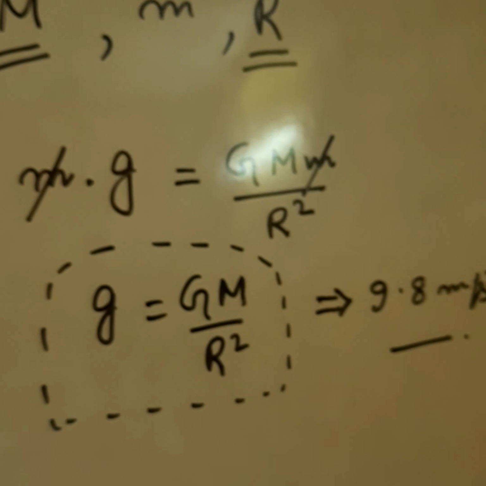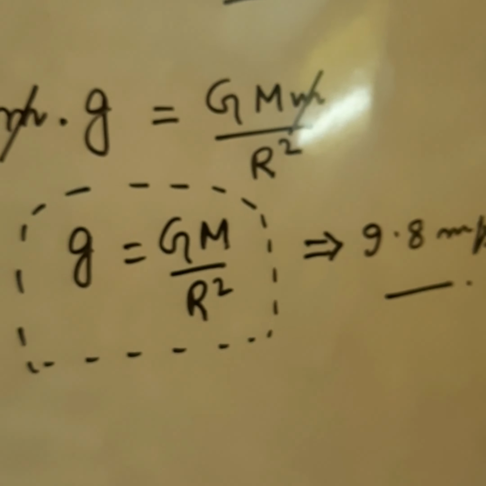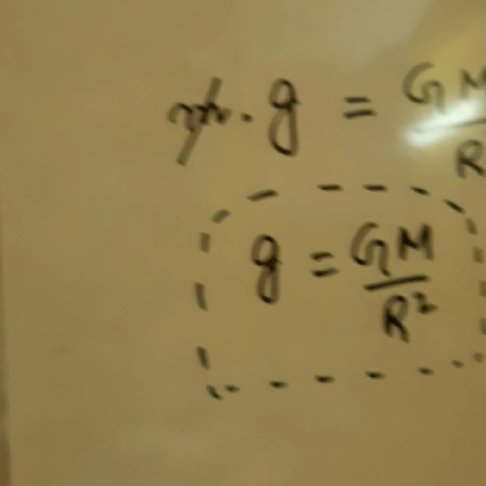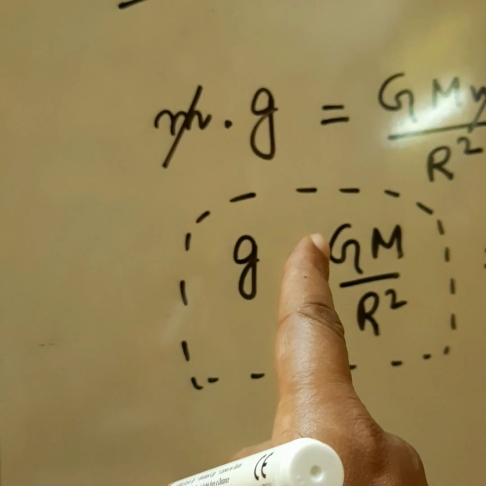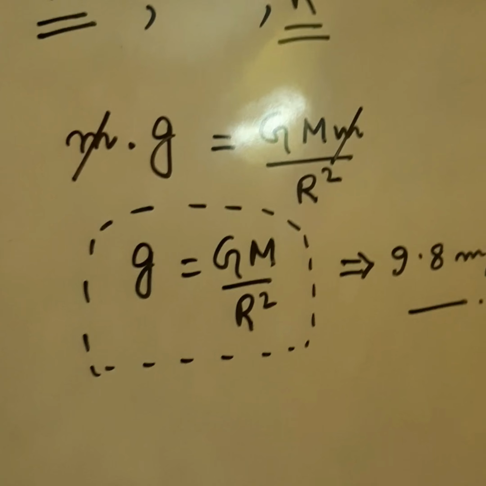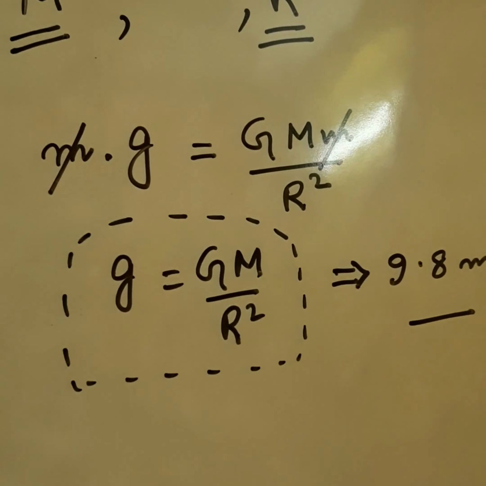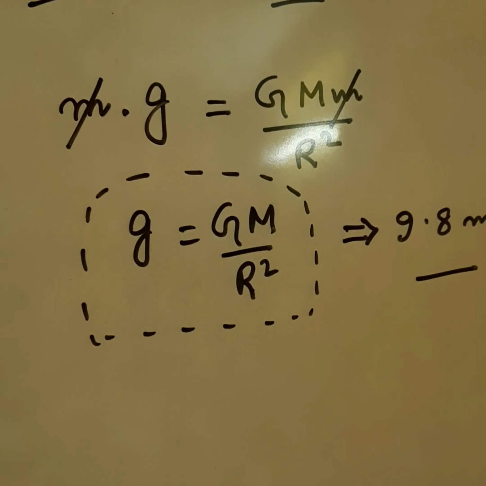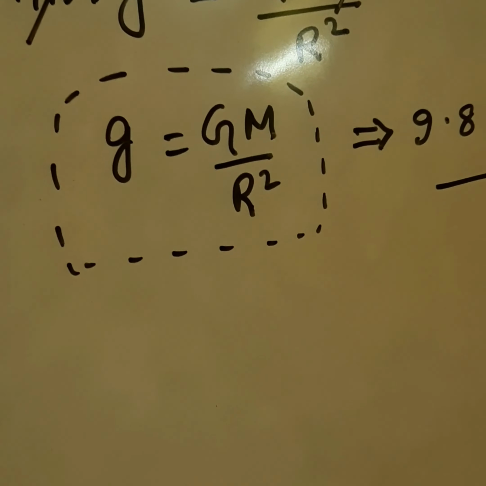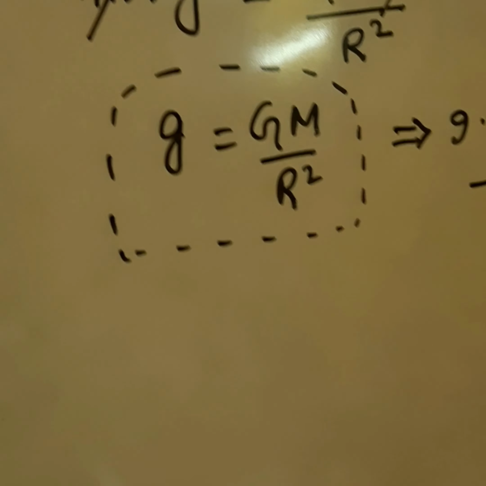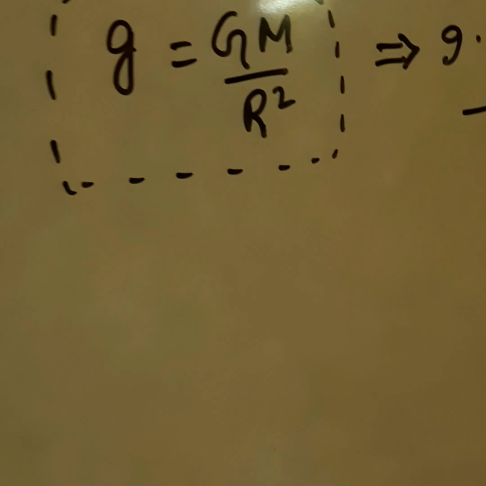Now, in future classes, we will see on which factors small g depends. Capital G is constant everywhere, but small g, acceleration due to gravity, changes from place to place. It is different at different places of Earth, as well as it is different if we go above Earth's surface or if we go below the Earth's surface, suppose in coal mines. In all cases, the small g varies.